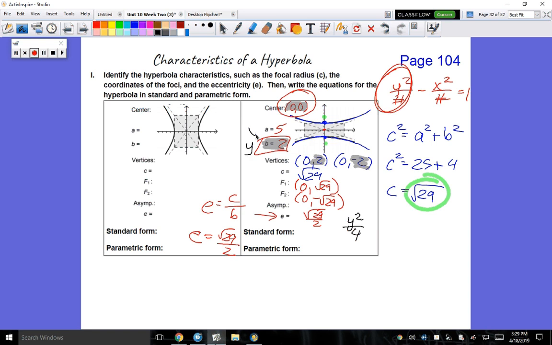Yep, because y is B, x is A. Right? Remember how we did alphabetically? X comes before y, A comes before B, so those belong together and those belong together. Okay? Then what? Y squared over 4, what? Minus x squared over 25 equals 1.